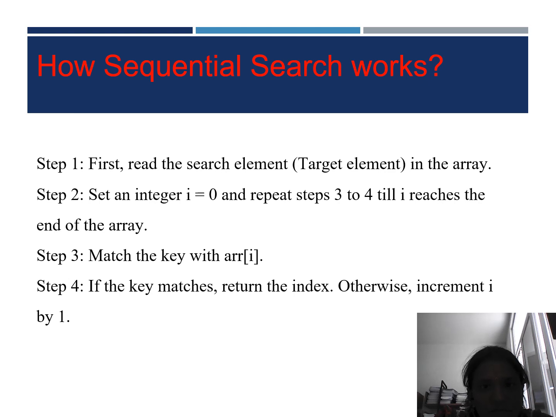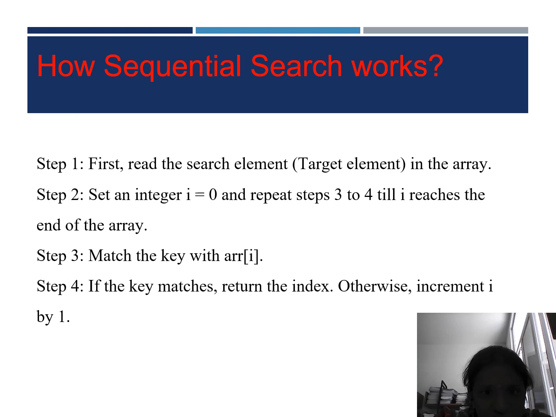First step, we read the search element, that is the target element in the array, key equal to 20. Second step, set an integer i equal to 0, the first value, and repeat steps 3 and 4 till i reaches the end of the array.